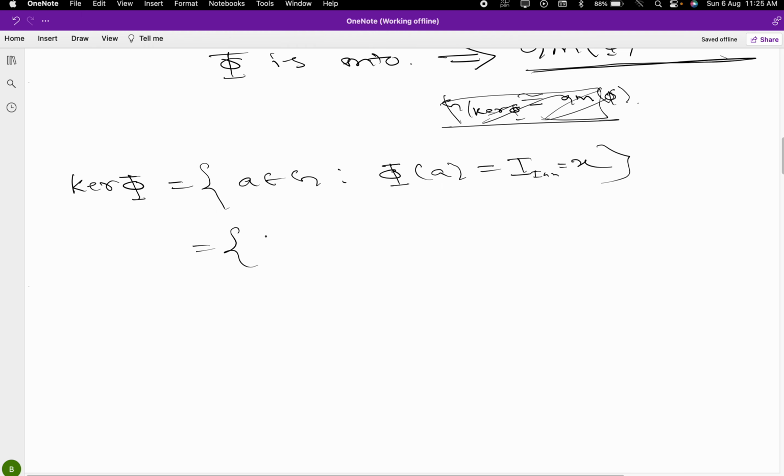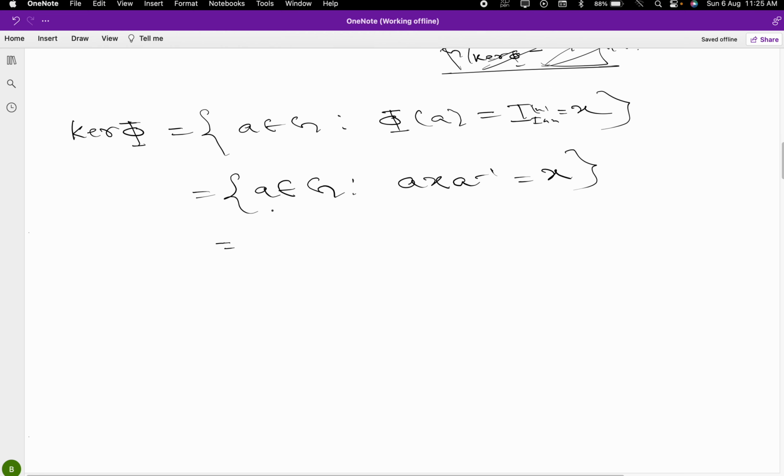So what is this A inside the group G such that phi of A, that is f_A, which is A X A inverse, gives you X, because the identity is always X. At any element X, it should go to X.